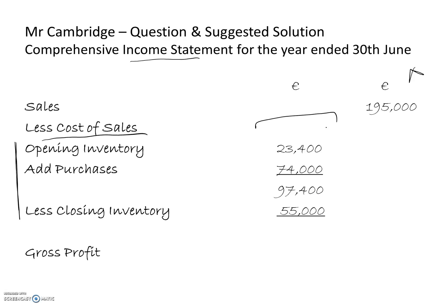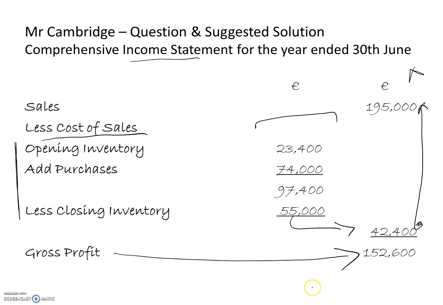I'll take away my closing inventory and bring the total figure out and line it up underneath my sales figure. So I'll have my sales less my cost of sales figure, and that will give my gross profit. In this case, my gross profit is 152,600.